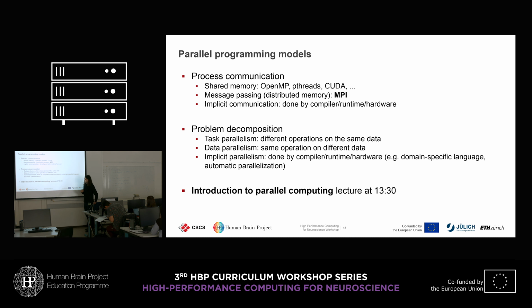Speaking about process communication, we can distinguish shared memory communications, where basically the processes all access the same memory space, and whatever you write in that memory can be read by another process without anything explicit, but it has its pitfalls.